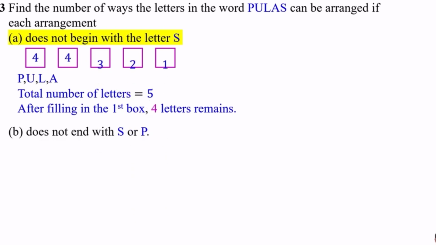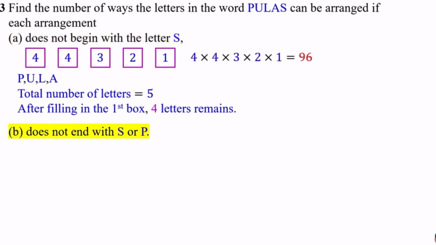So out of 5 we minus 1, then 4 left, and we fill up the 4 spaces, which is 4P4 or 4 times 3 times 2 times 1. So the total number of ways is 4 times 4P4, or 4 times 4 times 3 times 2 times 1, which is 96.